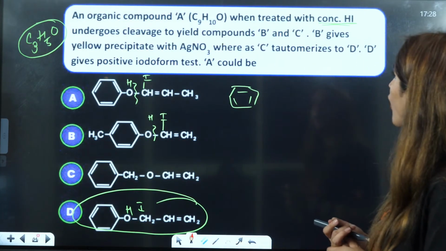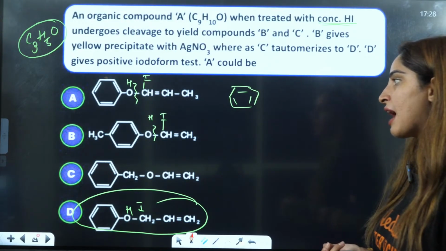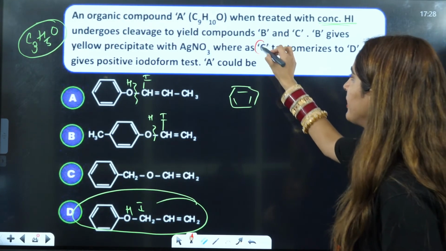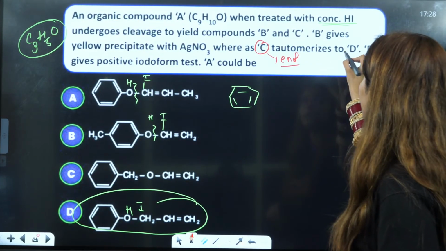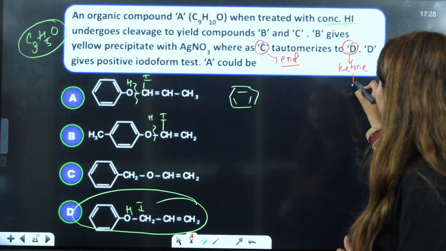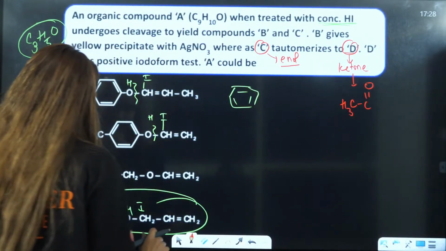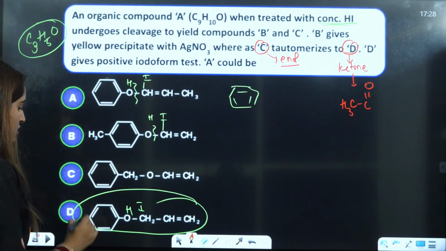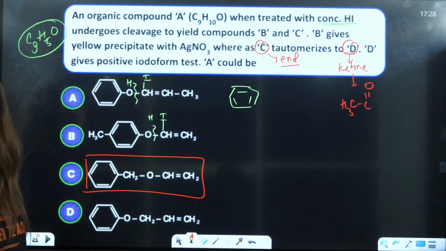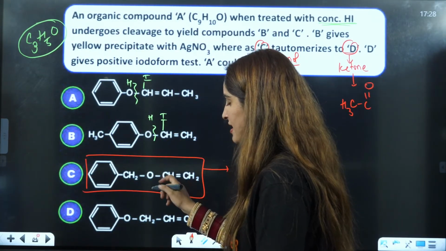Whereas C tautomerizes to D. C is something which basically has an enol. That means C should be an enol. Now I got a hint that C should be an enol. That is why it is getting tautomerized to D, the ketone form. That means this might not be the answer. This can be the answer because only here I am getting an enol, when I add HI.